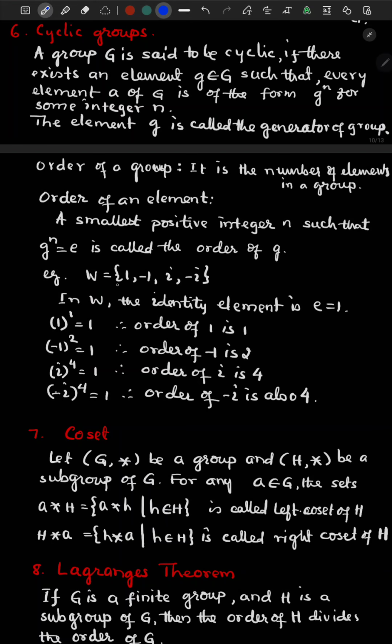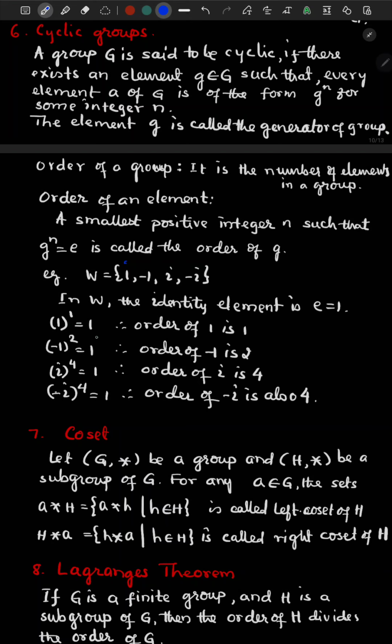W is a set consisting of the fourth roots of unity: 1, minus 1, i, minus i. In W, the identity element is 1. We have checked this before. And we will see what the order of 1 is. Order of 1 means how many times you have to multiply 1 with itself to get 1.